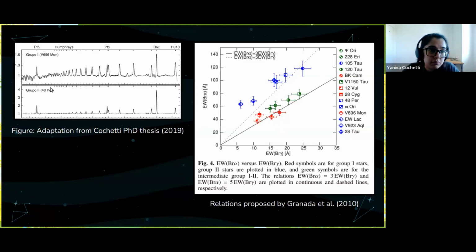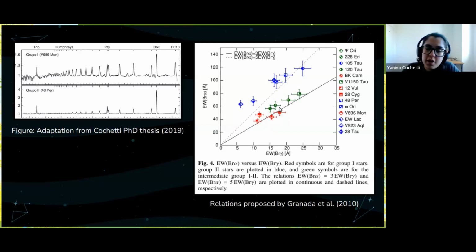If you see the L band, like for example here, they are group 2 according to Lenorzer's criteria. And if you see the equivalent width of Brackett alpha and Brackett gamma, they are following this relation that Granada mentioned.